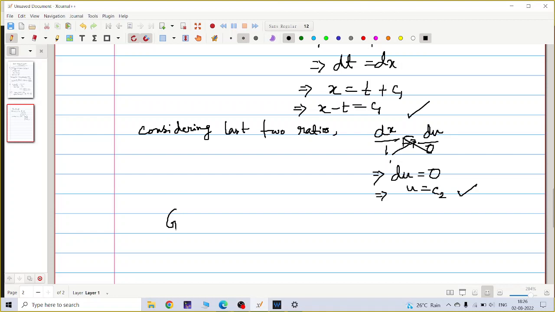Now what is the general solution? The general solution is that c2 equals any function of c1, where the function phi is a continuously differentiable function.